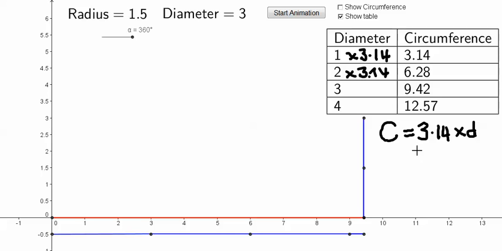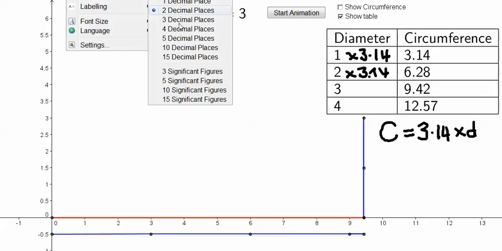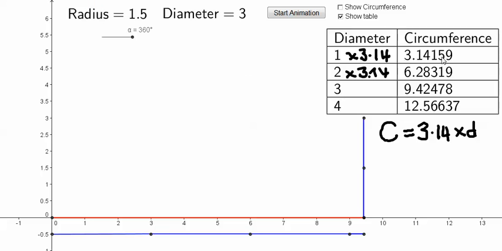Now, I've been a bit sneaky. I've basically only allowed GeoGebra to measure these distances to 2 decimal places. If I'd allowed GeoGebra to measure it to 5 decimal places, let's just see what happens. Then it's much more specific.